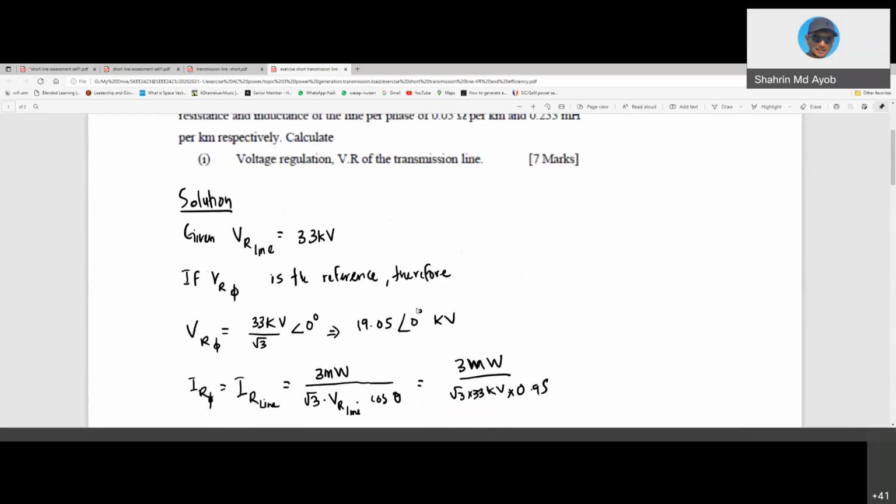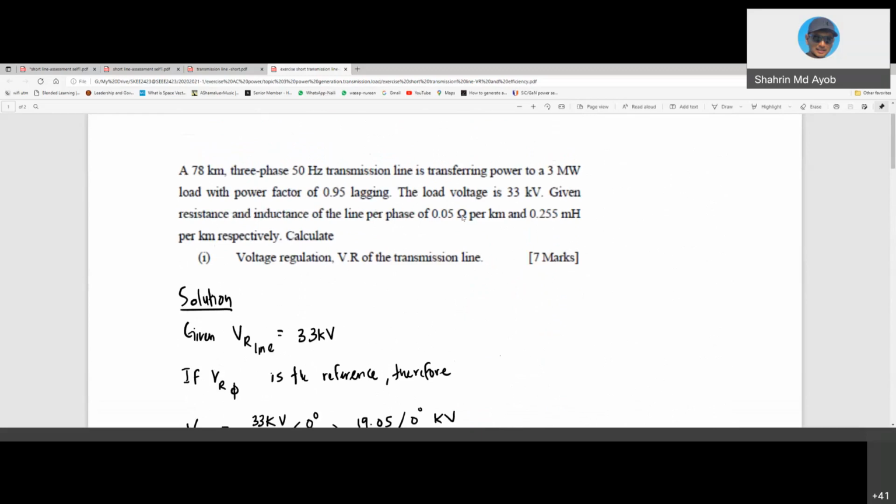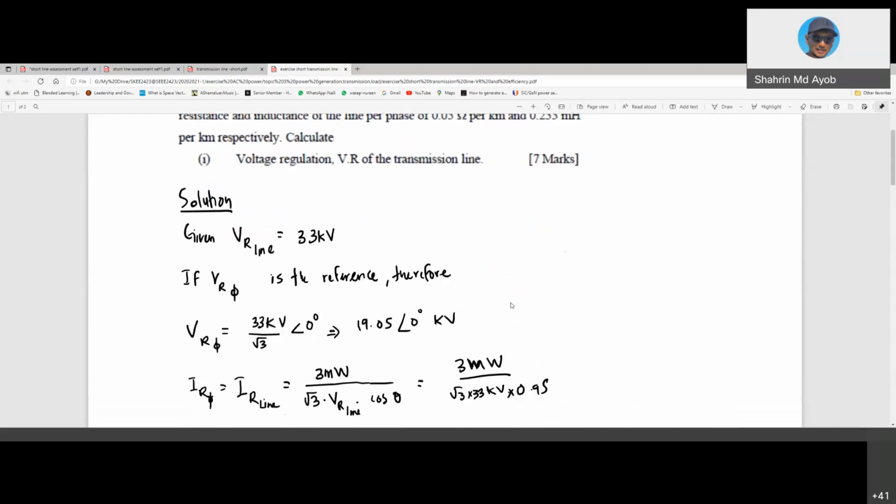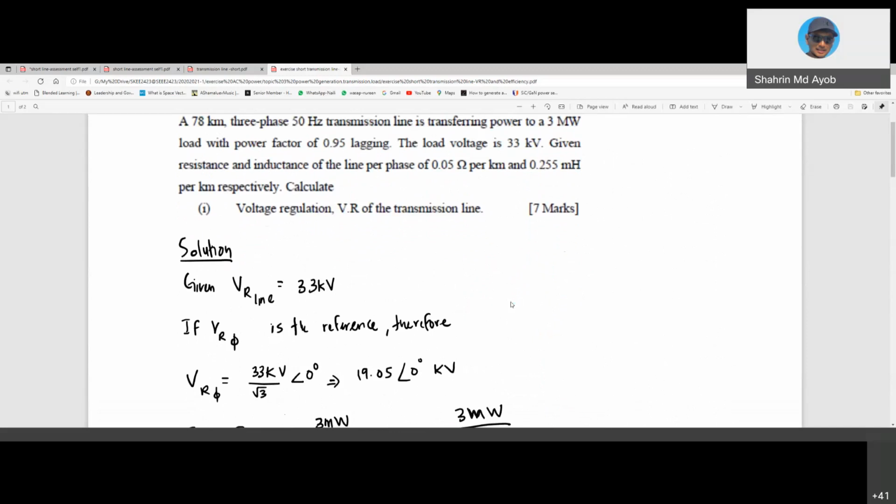But first, what we need to do is to calculate all the impedance, the total impedance, and so on. Given right now the VR is actually a V line. You need to convert because we are dealing with a single phase equivalent circuit right now.